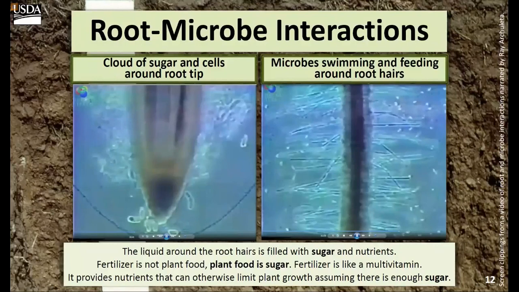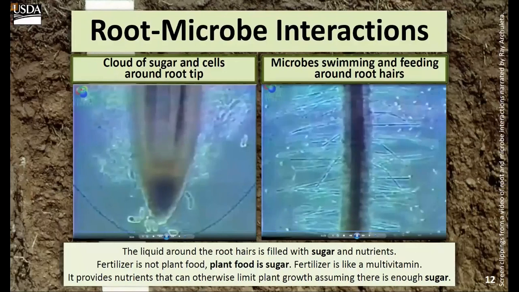So they're chewing and feeding on things coming from the roots and secreting things like nitrogen and nutrients that go back to the plant. And the same with the screen clipping on the right of the root hairs all over the root. The thing I really want to drive home here is the plant is providing sugar to the microbes. The microbes are providing nutrients back to the plant.